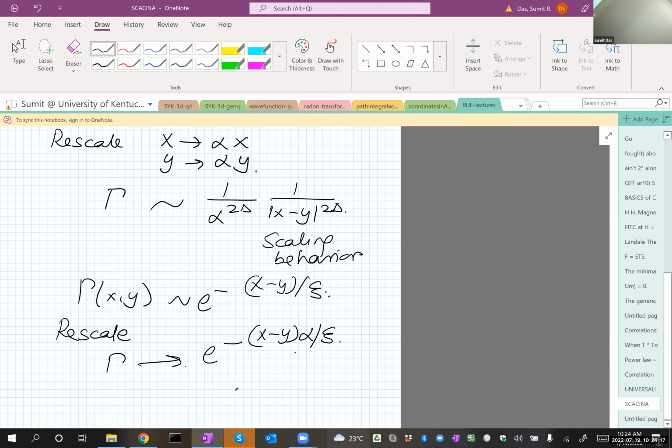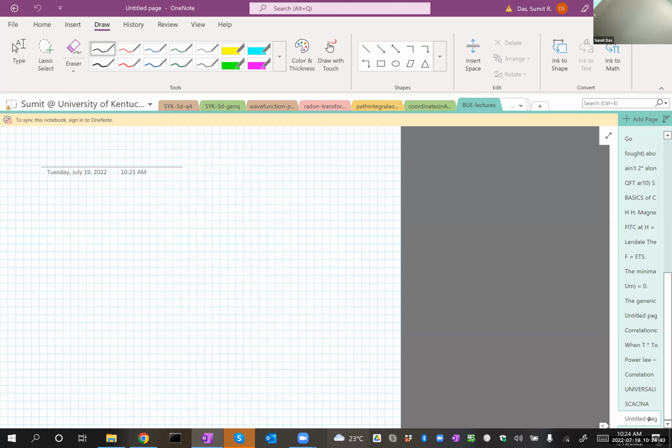It's a property of power laws that if you scale the distances, the quantities also scale. So this is called scaling behavior. It turns out that the scaling behavior lies at the key of understanding universality. Now, I wrote down a theory which had various potentials.